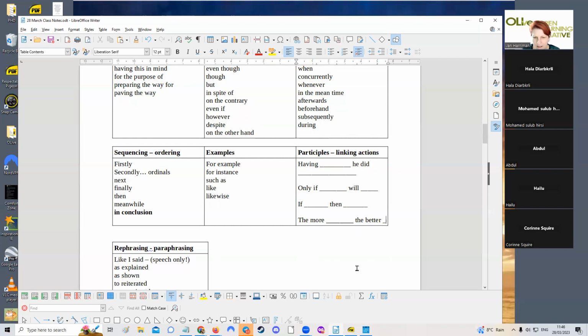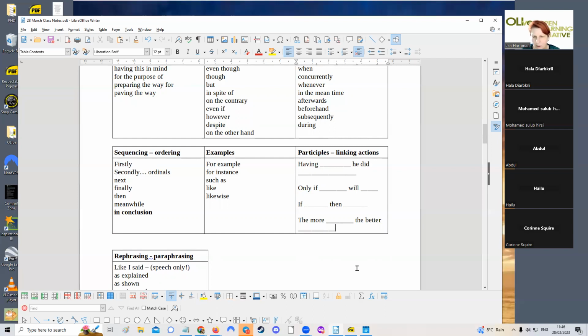So basically, the more of the first condition, the more or less of the other condition. So, linking actions in this way, these are phrases for linking actions. I think I'm going to take out that word and just say phrases for linking actions. Yes, it's clearer now.